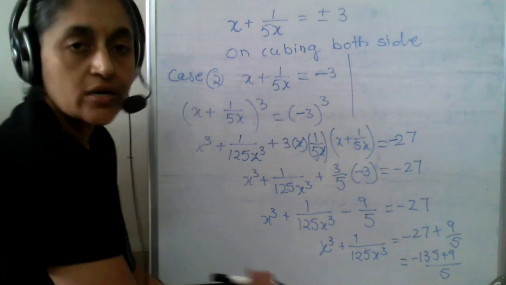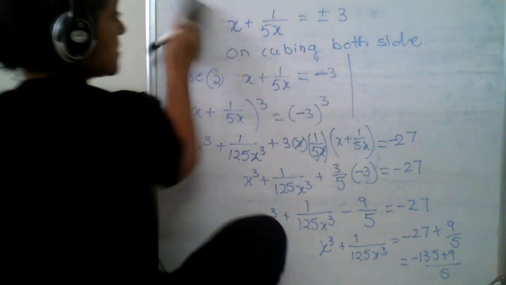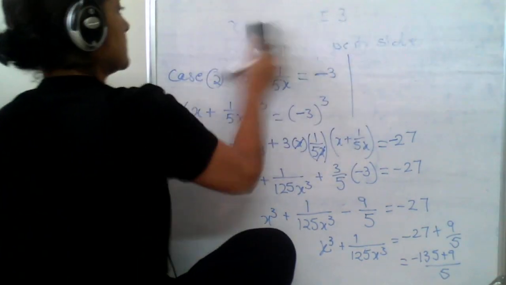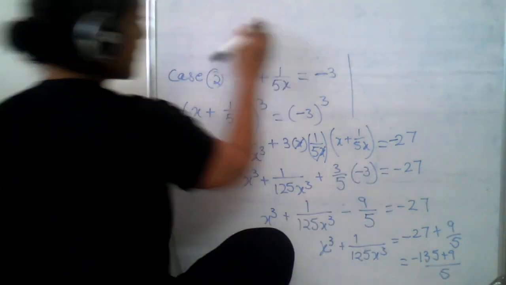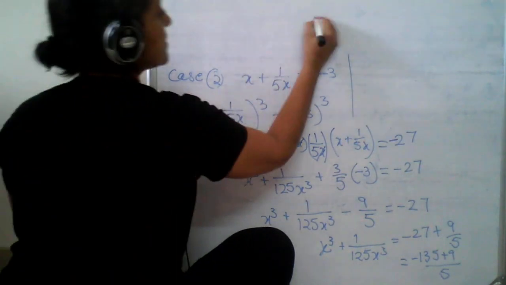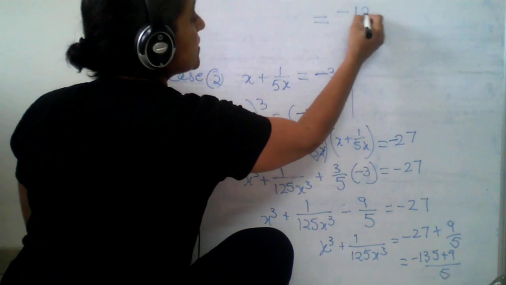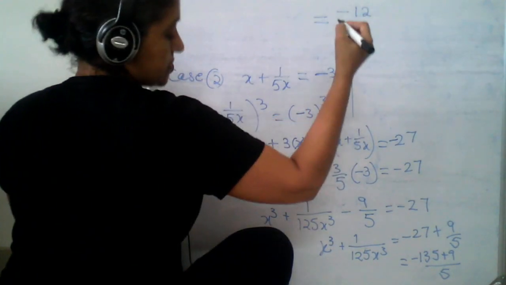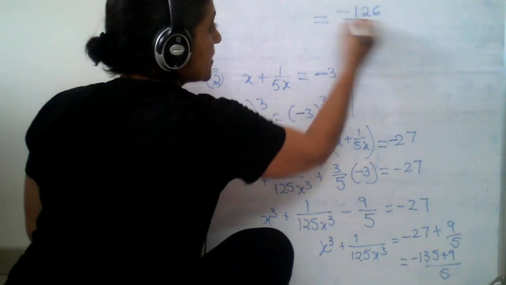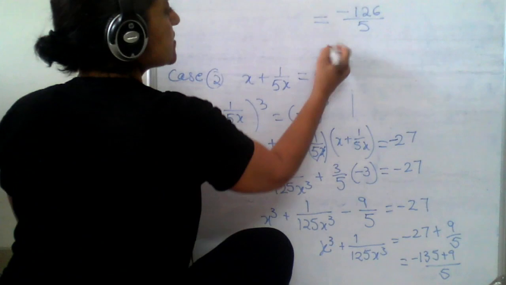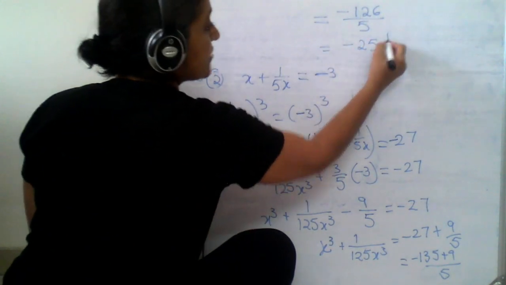Negative 126 will remain. Okay, I'll show it to you here a bit, taking it on the top. From here I'm taking it to this side. You just see the right hand side part. So negative 135 plus 9 will be minus 126 upon 5. So this is again the same thing. If you divide it, what you will get? Negative 25 1 by 5.